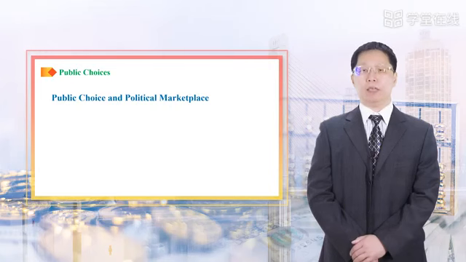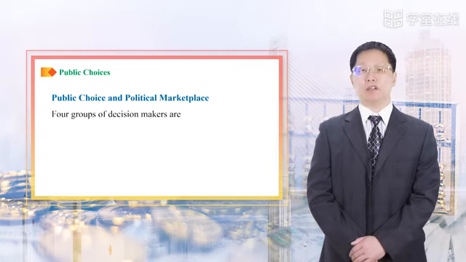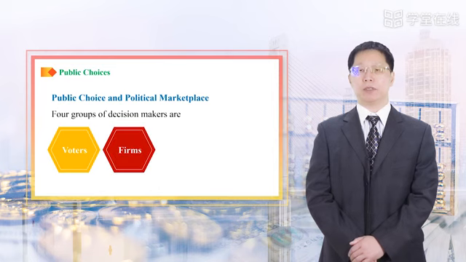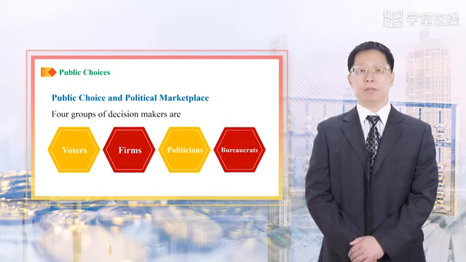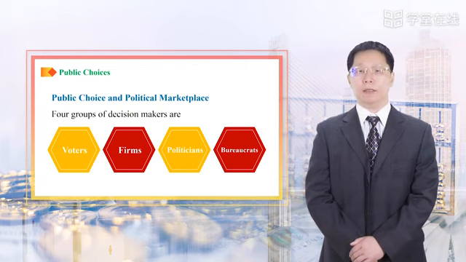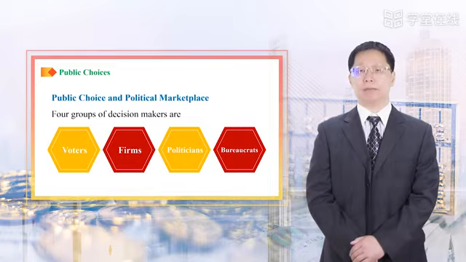The political marketplace is made up of many individuals, each with their own economic objectives. 4 groups of decision makers, voters, firms, politicians, and bureaucrats, interact in the political marketplace.